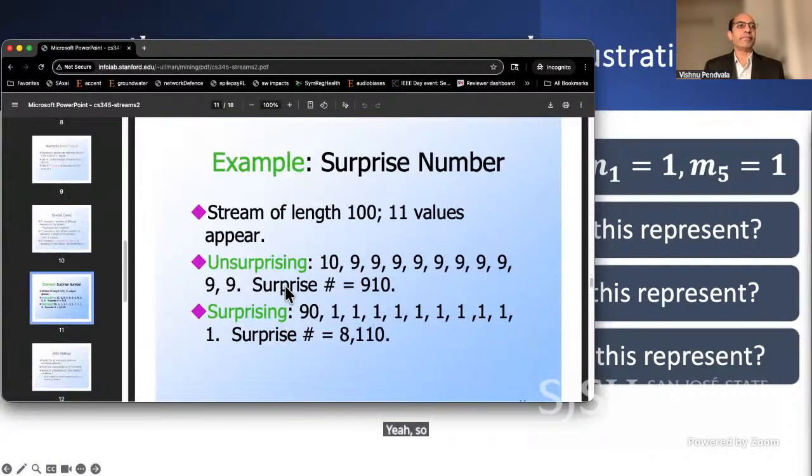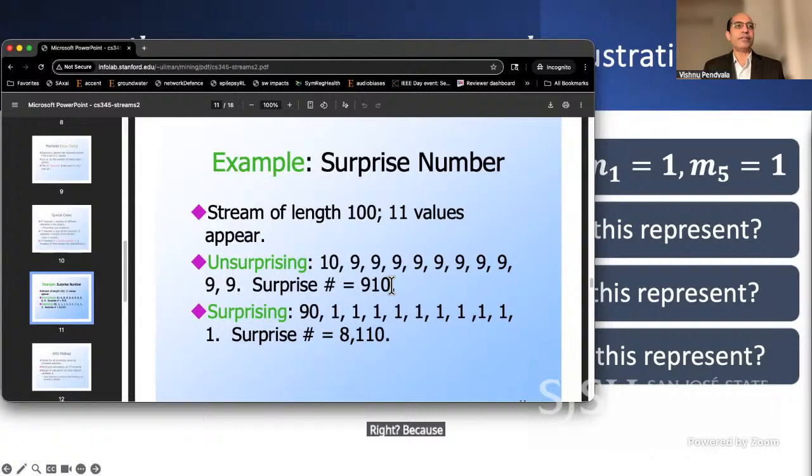Yeah, so this is an example, right? So there are 11 values. One of them is 10 and the others are nines. So the surprise number is 910, right?